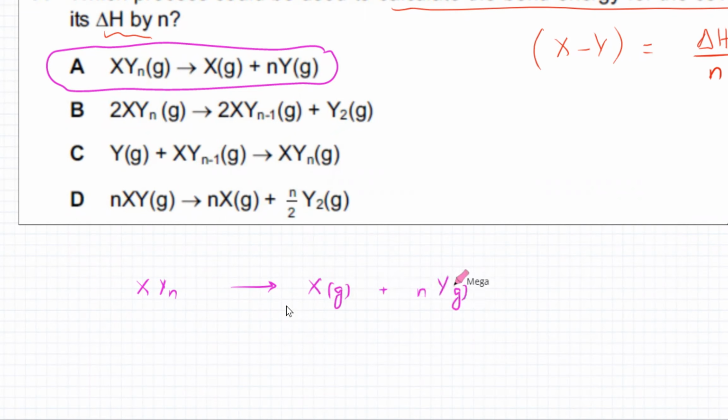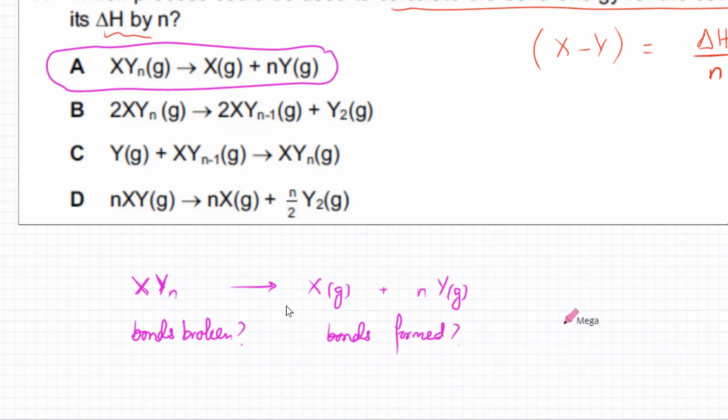The way you calculate enthalpy change is the same: bonds broken minus bonds formed. Now the problem is, how many bonds are broken? And how many bonds are formed in this reaction?